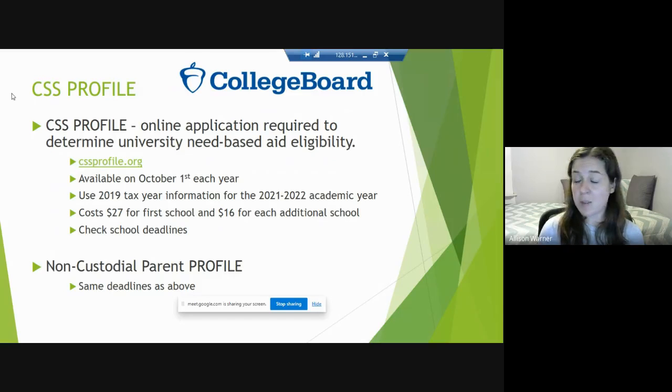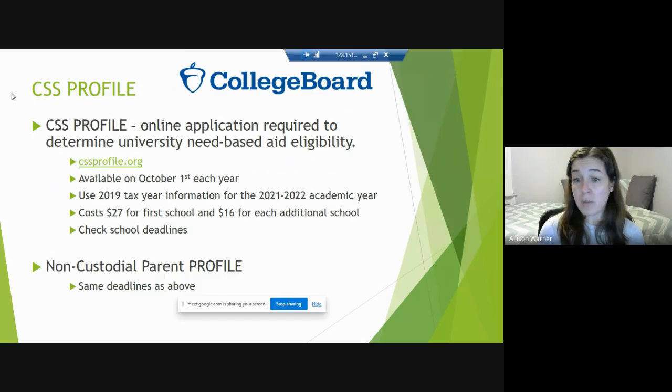The website is cssprofile.org, and it's available on October 1st each year, just like the FAFSA. And just like the FAFSA, it's going to be using 2019 taxes for the 2021-2022 academic year. Unfortunately, the CSS Profile does cost money to apply.